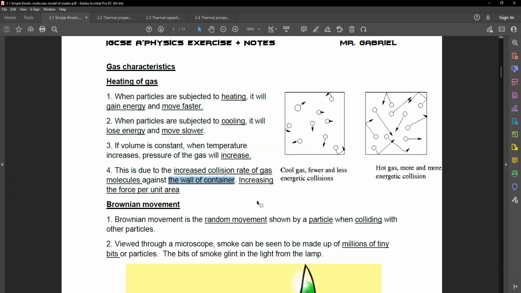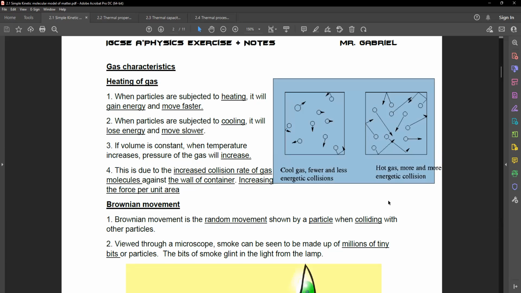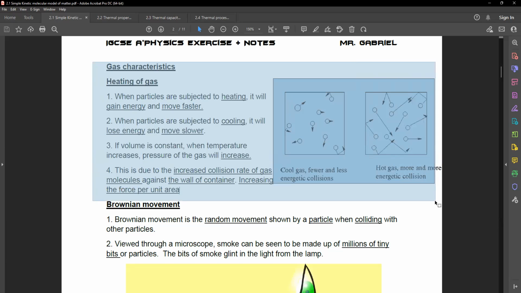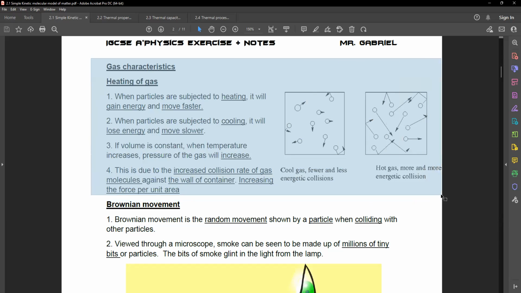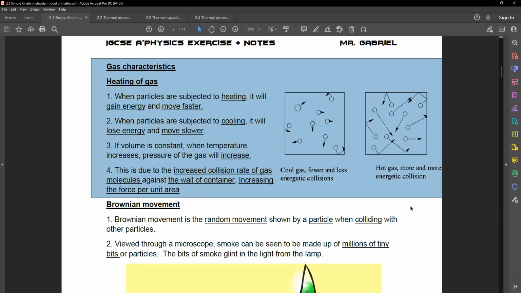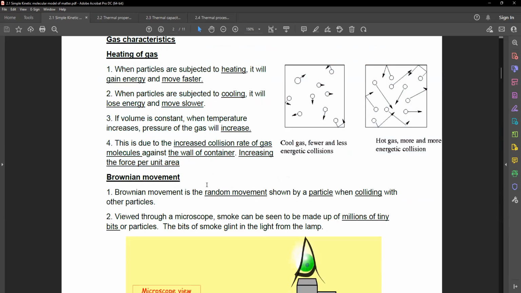The most important keyword here is that it is colliding against the walls of the container, guys. And this, of course, will naturally increase the force per unit area and naturally increase the pressure inside the container as well. I might ask you guys this actually, most likely I'm going to ask you something similar to this question next week, guys. Make sure you know how to answer me accordingly, guys, right?